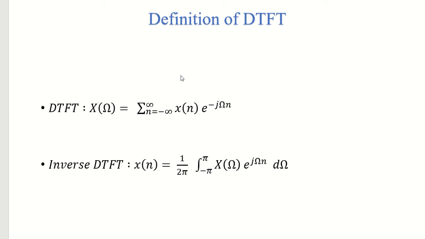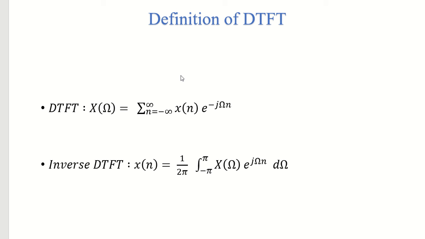The period will be pi minus minus pi, which means pi plus pi is equal to 2 pi. Sorry, the period of the integration will be 2 pi. So this way you can find the DTFT of any signal.